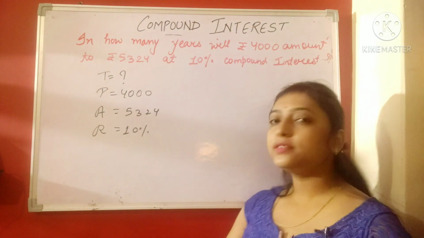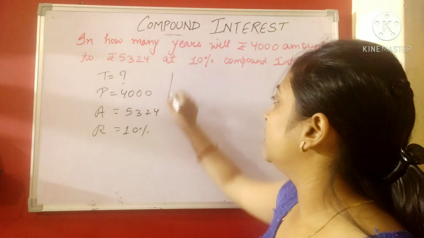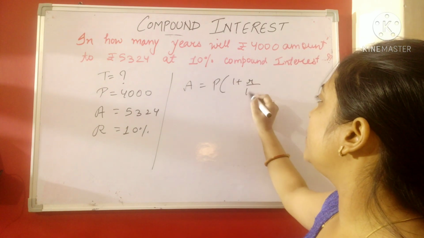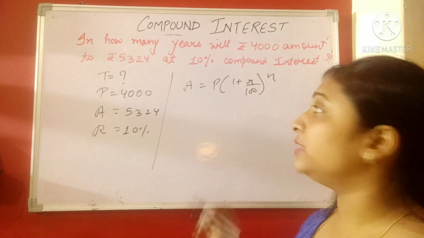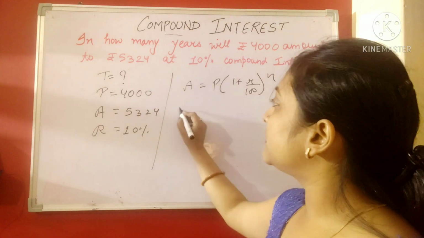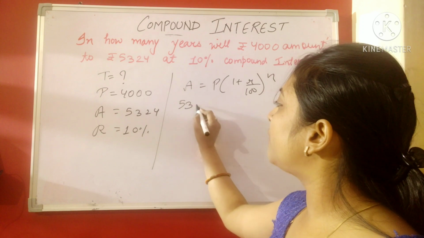Compound interest, what is asked here? T. Let's again use the formula 1 plus r by 100 raised to the power n, and this power term we have to calculate, n we have to calculate. Substitute the values given here.